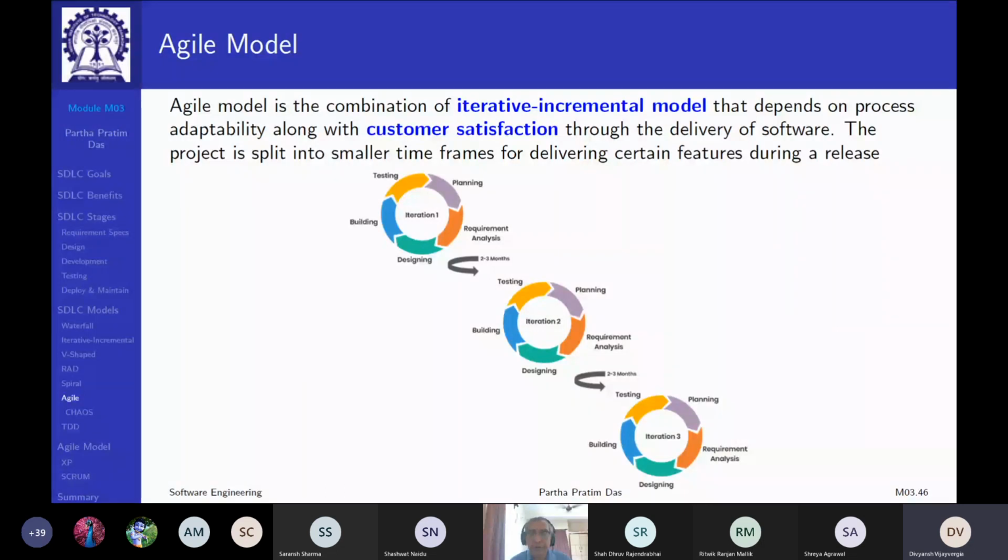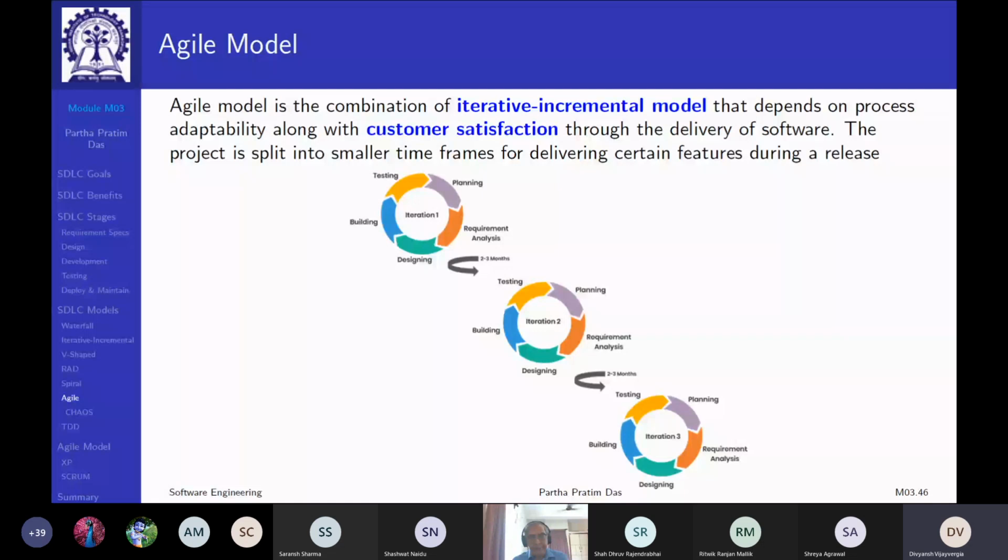So agile again is something which is iterative, incremental, but it adapts to the customer satisfaction through delivery of software, actual delivery of software. It's not just prototypes.